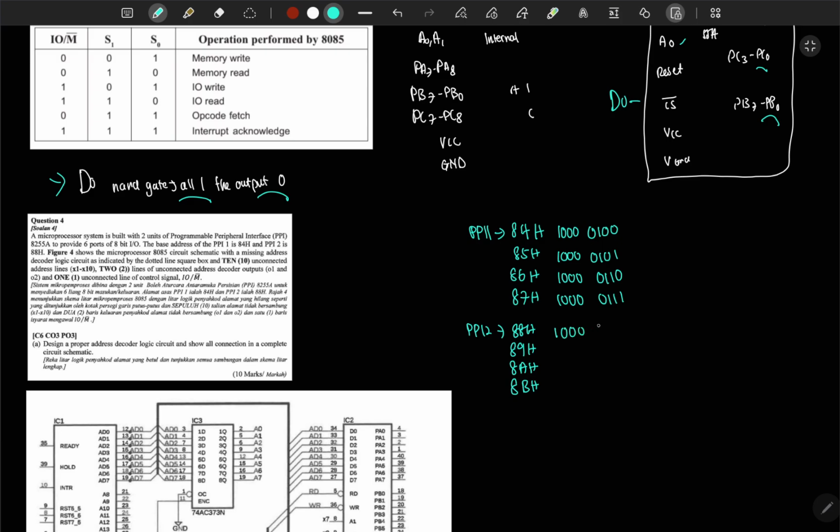If we expand this, we will get 1000 0100, 1000 0101, 1000 0110, 1000 0111, and 1000 1000, 1000 1001, 1000 1010, 1000 1011. Now a strange pattern: if you notice, the control word is being controlled by the last two bits.